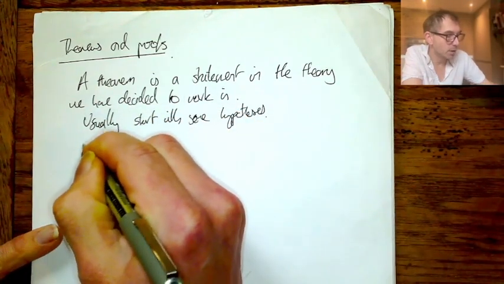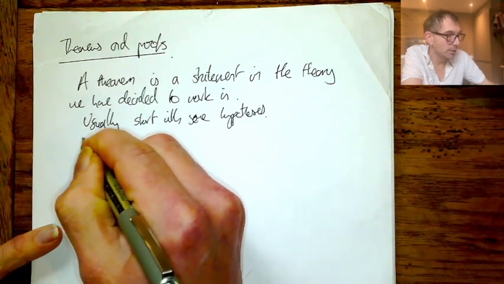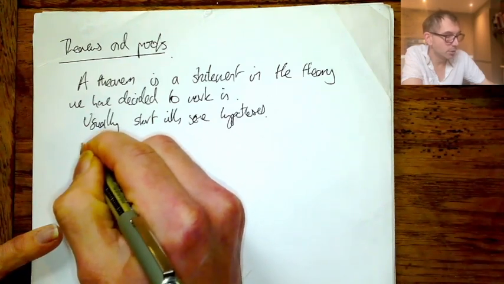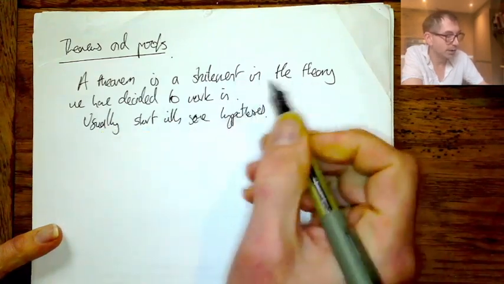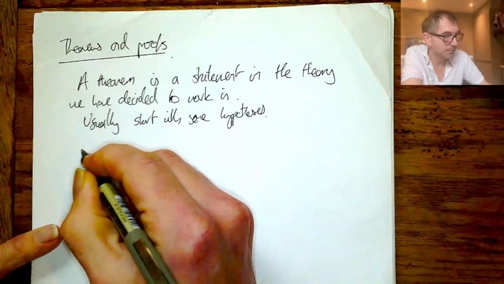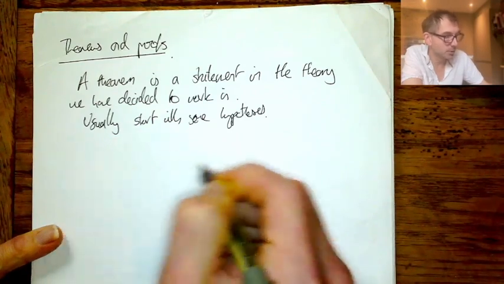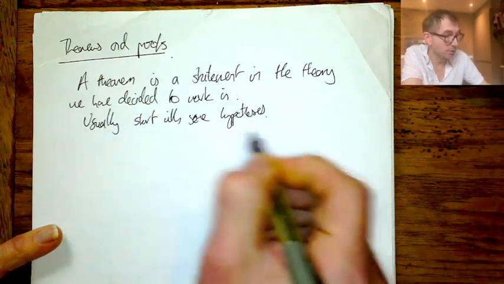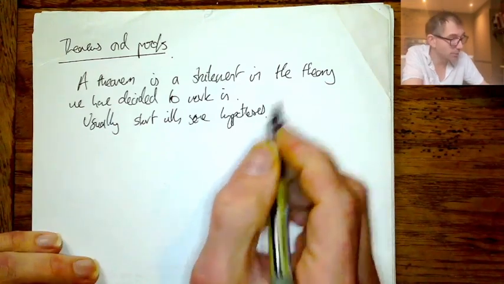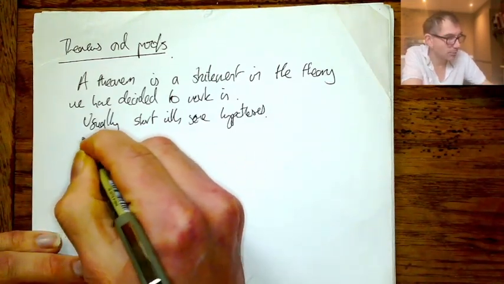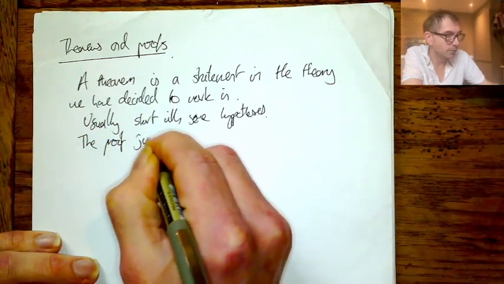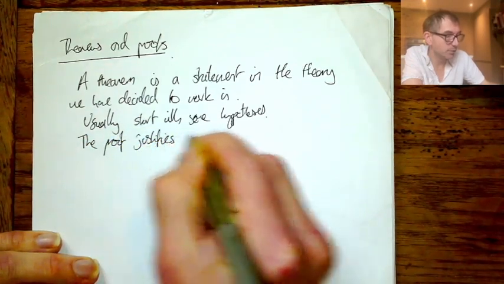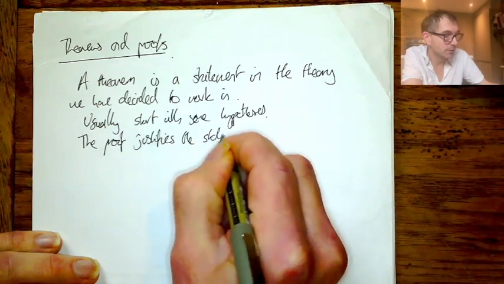And then usually from that you'll put down some statement, that under these conditions, something is true. The proof is a justification. The proof justifies your statement, the statement of the theorem.